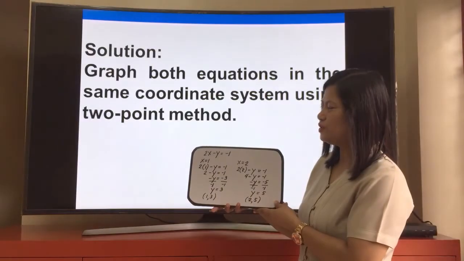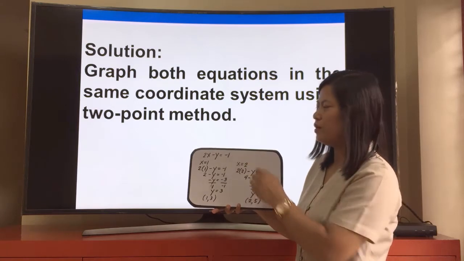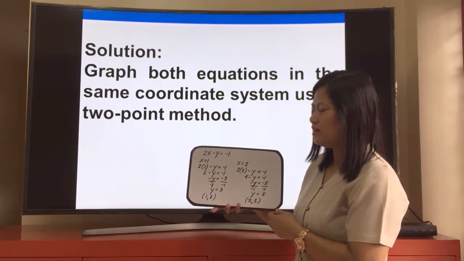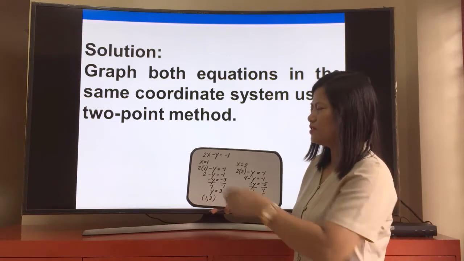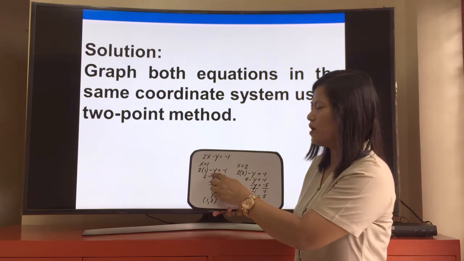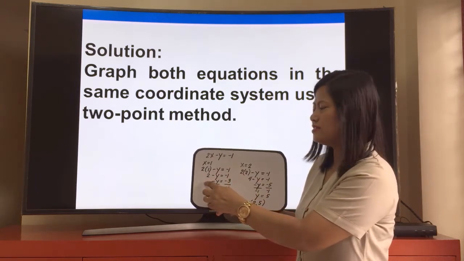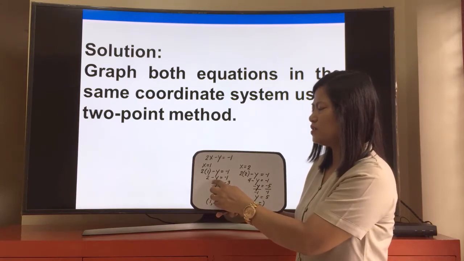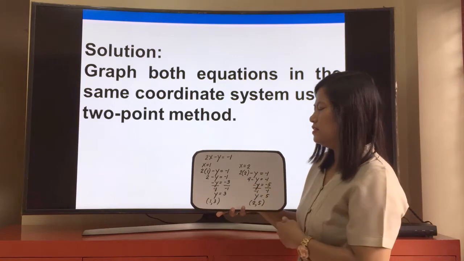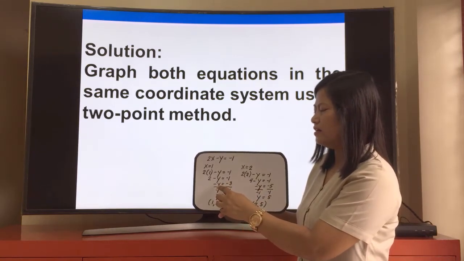Let's have equation 2. 2x minus y is equal to negative 1. When x is equal to 1, what is the value of y? So copy 2, our x is 1, minus y is equal to negative 1. 2 times 1 is 2, copy, minus y is equal to negative 1. On this side, we have negative y.